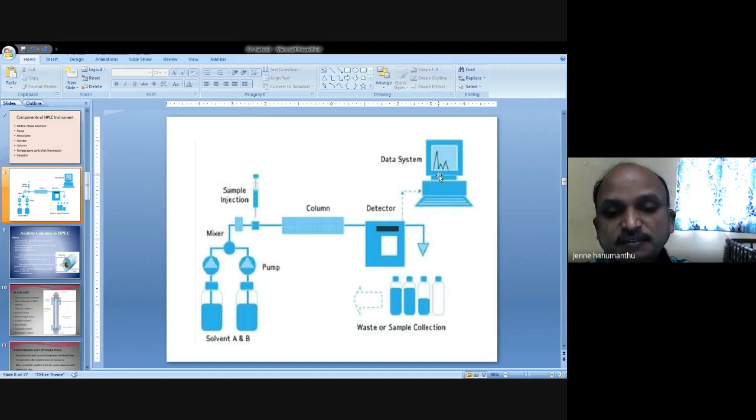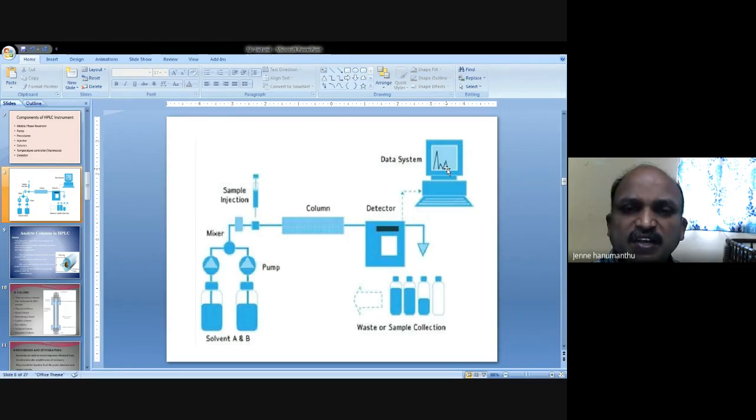Based upon this graph we can separate the mixture of the unknown sample and determine the concentration of the components in the chemical compound. So this is a simple understanding of liquid chromatography or HPLC.